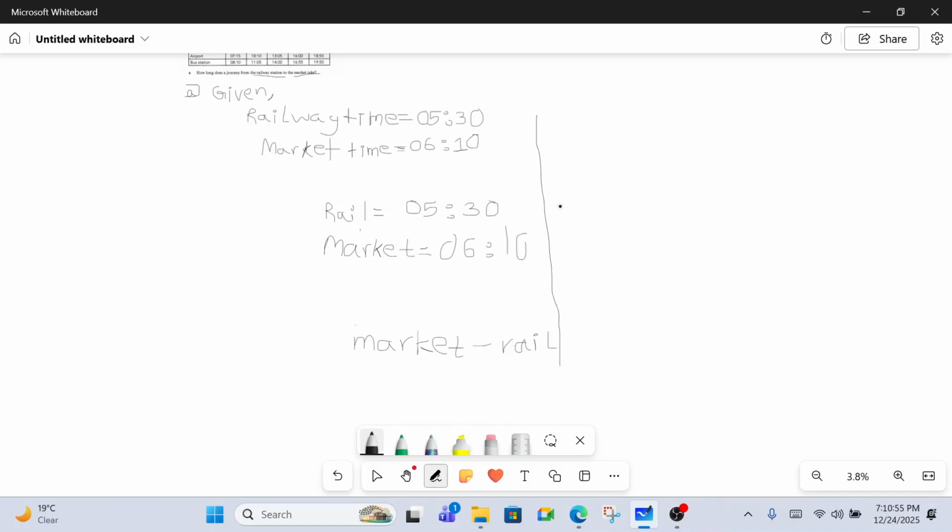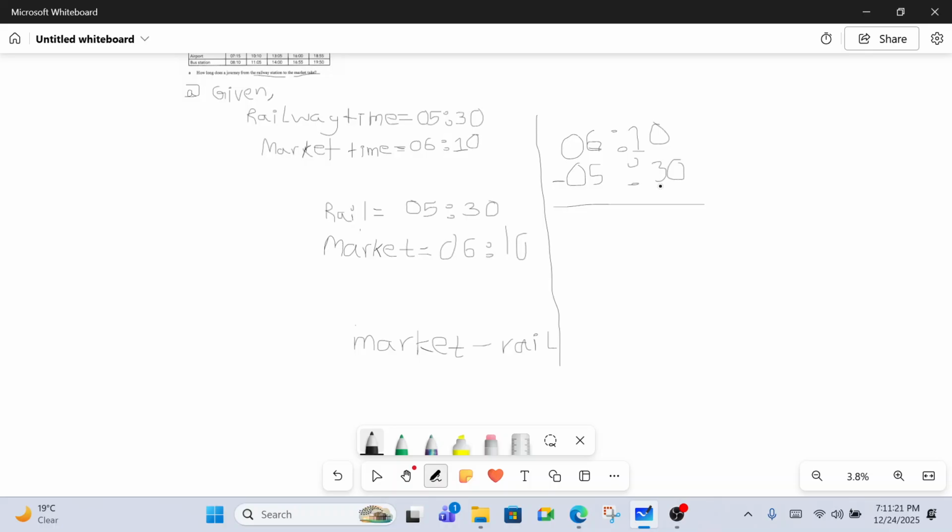So it's going to be 06:10 minus 05:30. Now, if we subtract 10 minus 30, it's going to give us a negative value, and time does not have a negative value.